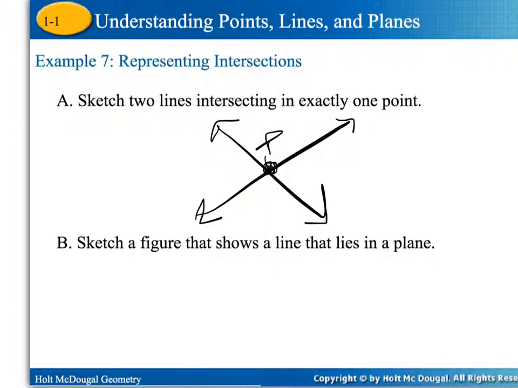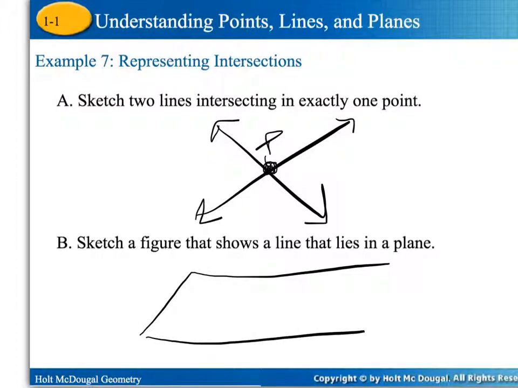Next, they want us to sketch a figure that shows a line that lies in a plane. What I'm always going to do, if I'm drawing a plane, is draw that first. So here's my plane. Now I just need to show that the line lies on it. That would be simple enough.